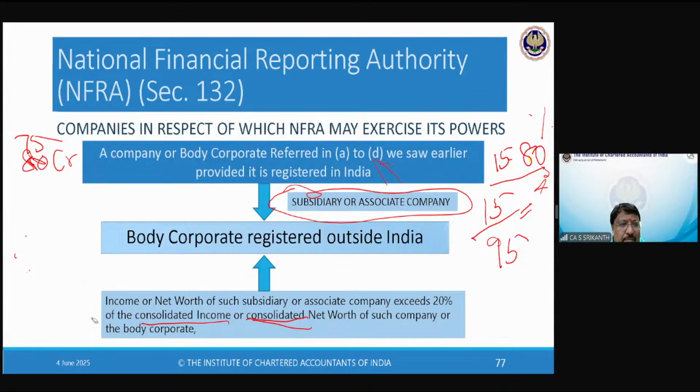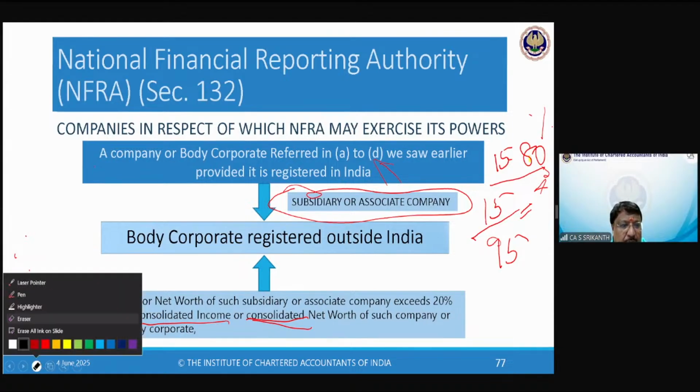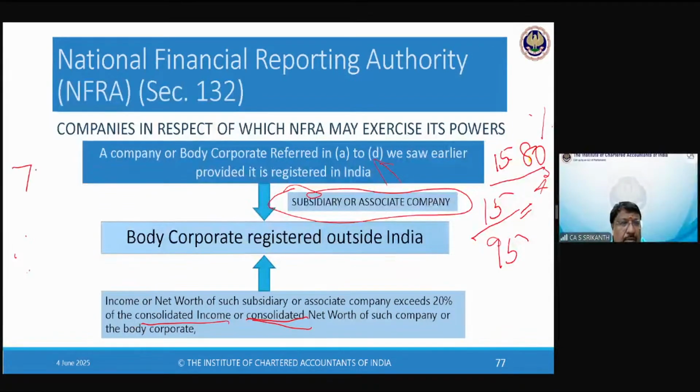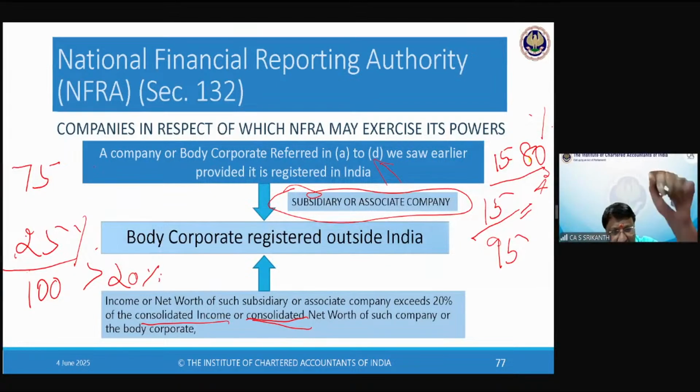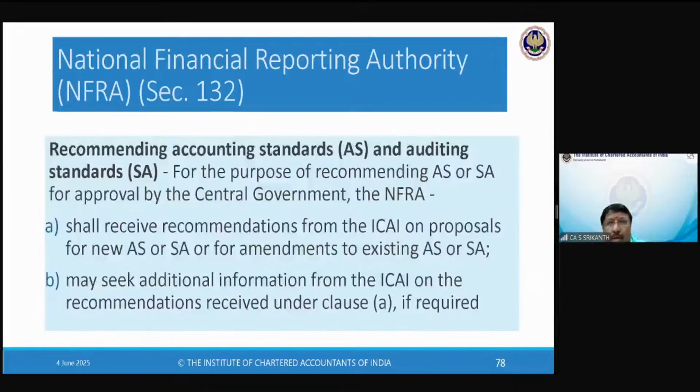So if this is 75 and this is 25, in 100, what happens? Straight away 25%, greater than 20. So this body corporate registered outside India, which is a subsidiary, will also come under NFRA. Hope this is clear.